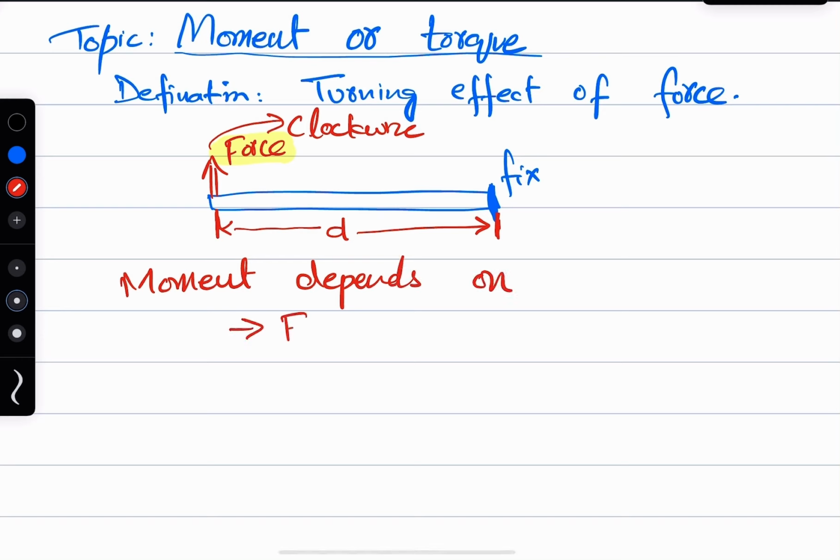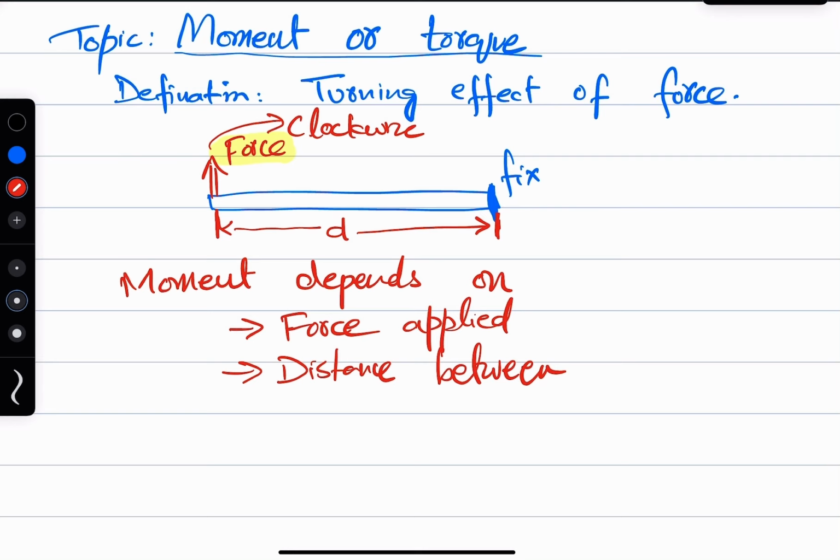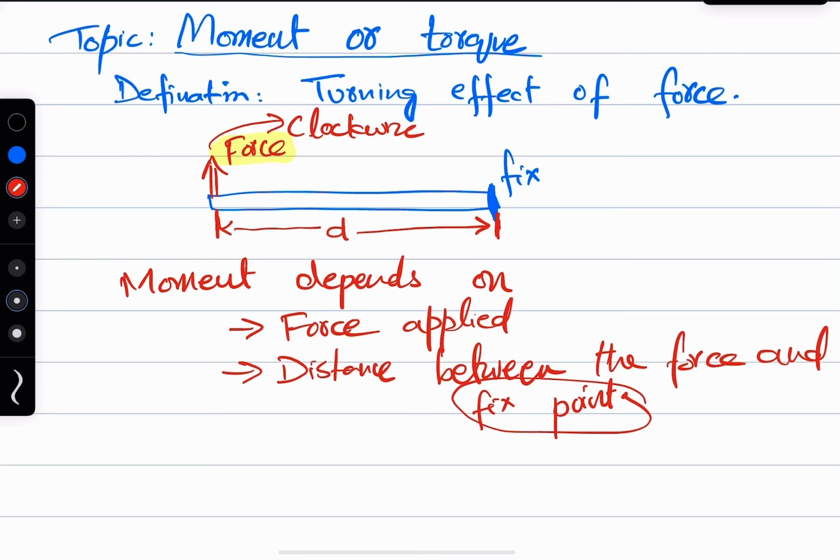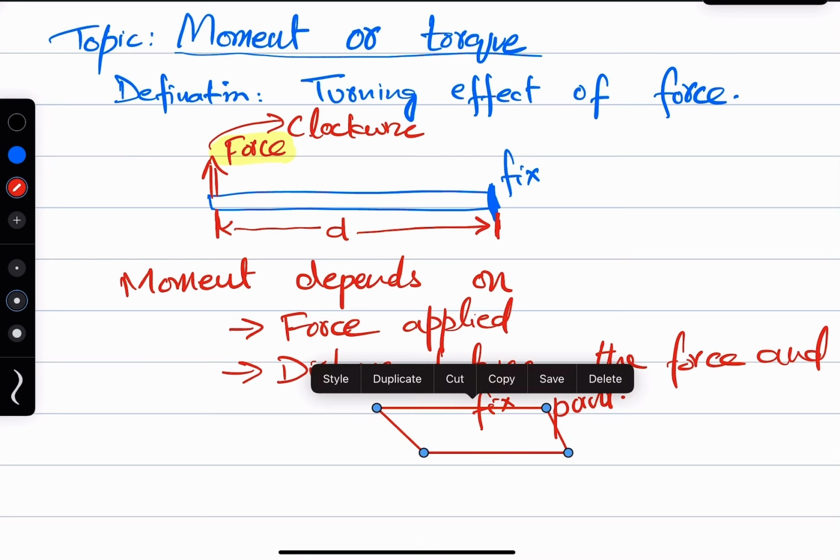One is the force applied, and the second factor is the distance between the force and the fixed point.